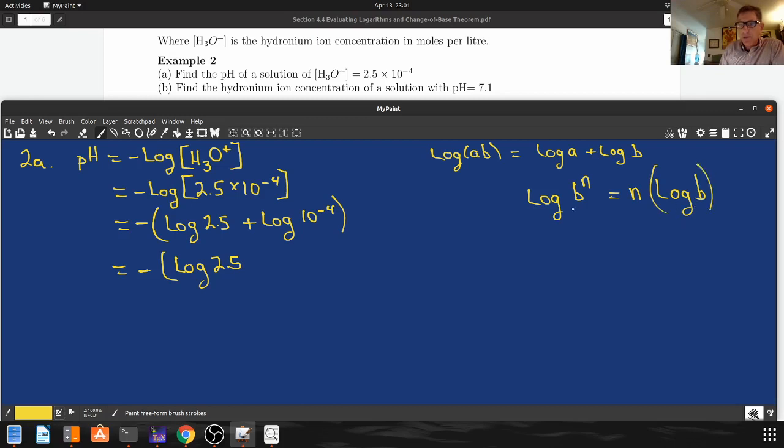This is the property I'm using. So this is equal to minus 4 times log 10.